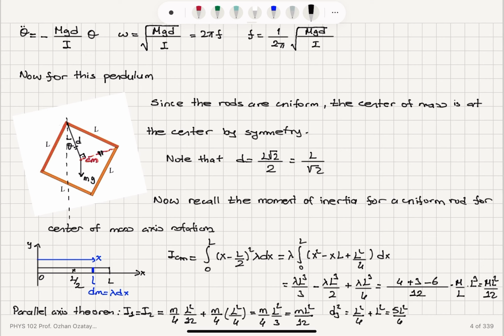So we see that D3 is square root 5 over 2 L. So that is the distance between the rotation axes.